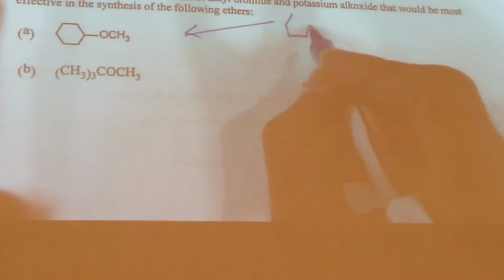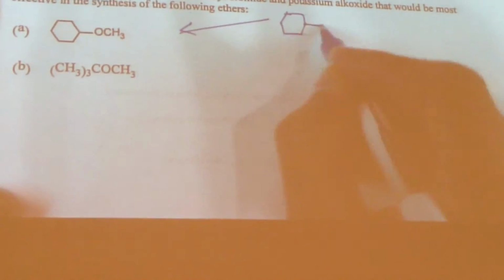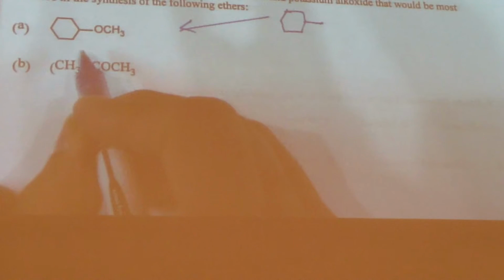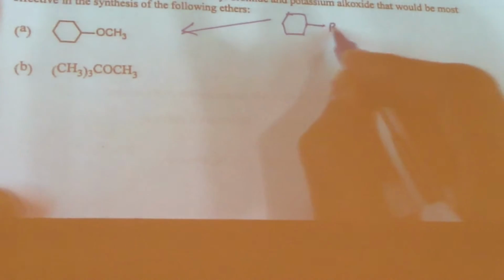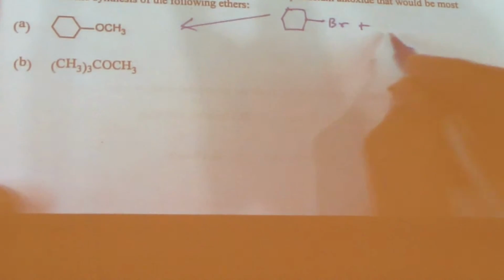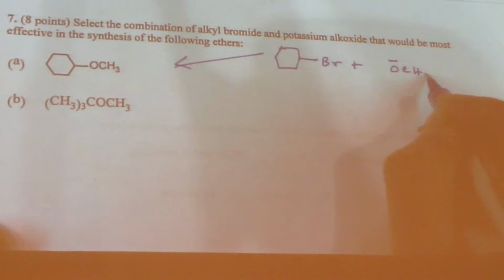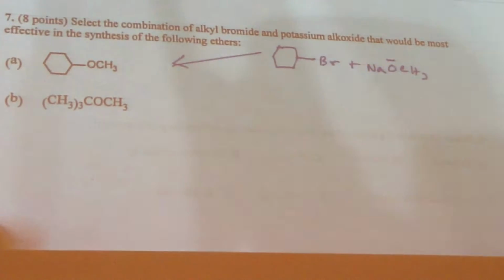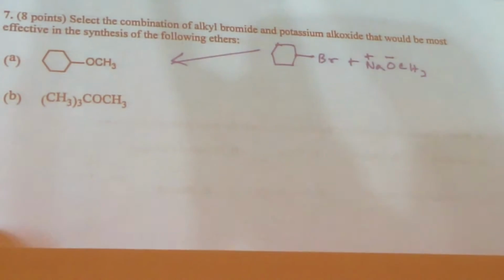If we break the bond here, one possibility would be that you use the bromide here on this carbon plus the alkoxide, this, right?